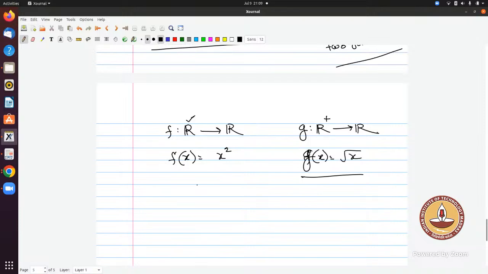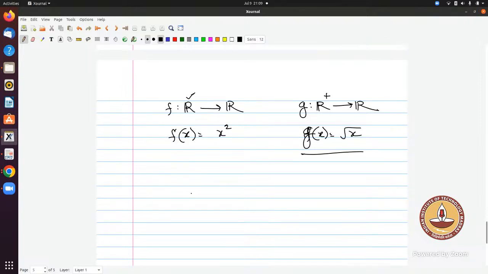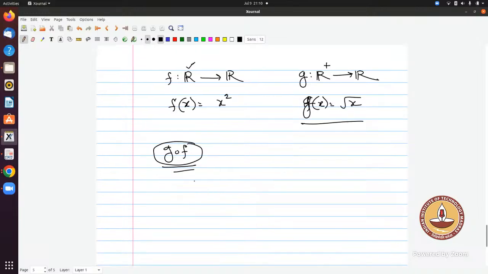Now if I apply f first, then G, I want to find what is G composite f. So first I am applying f. The domain is R. What is the range of f? The codomain of f is R, given. But what is the range?